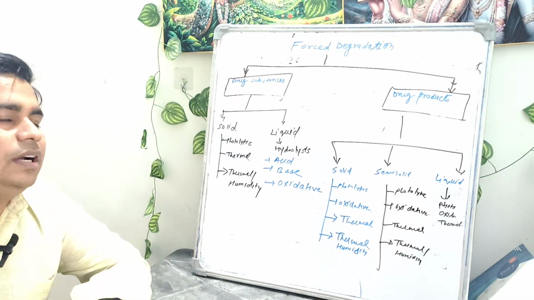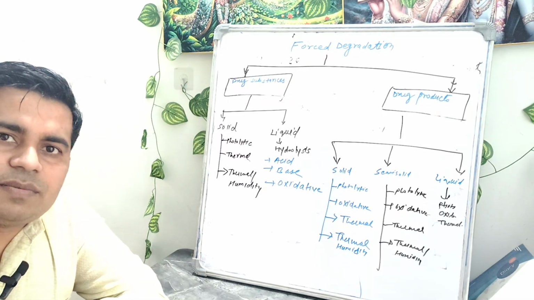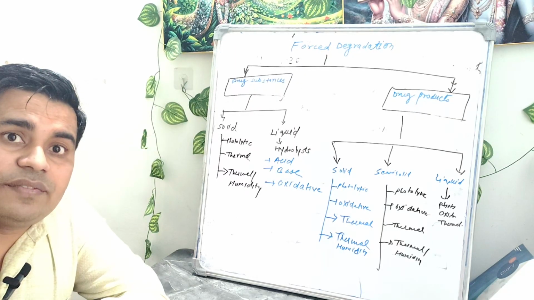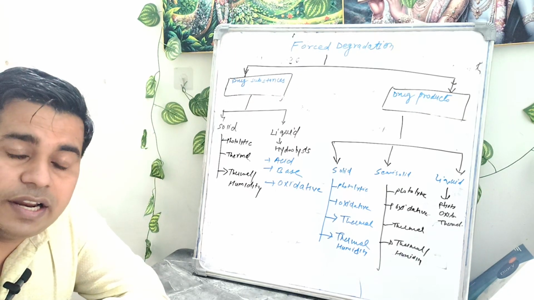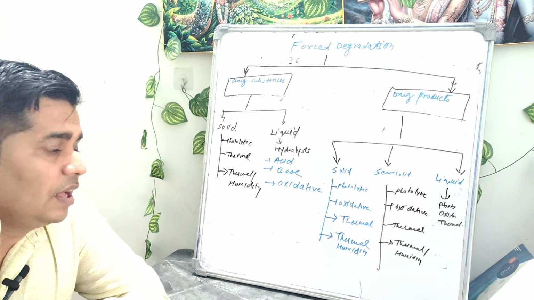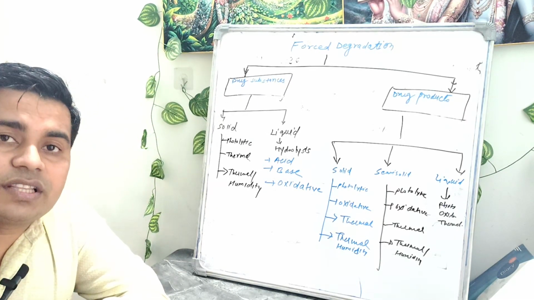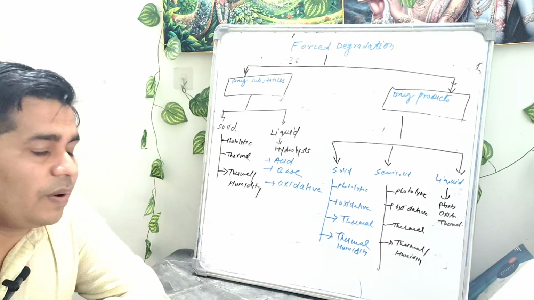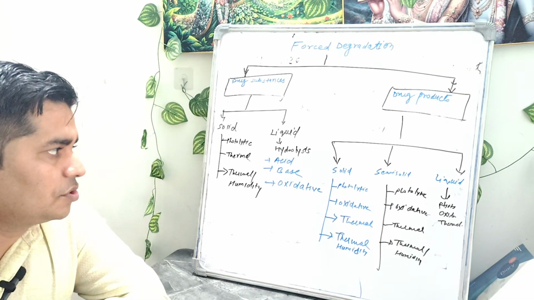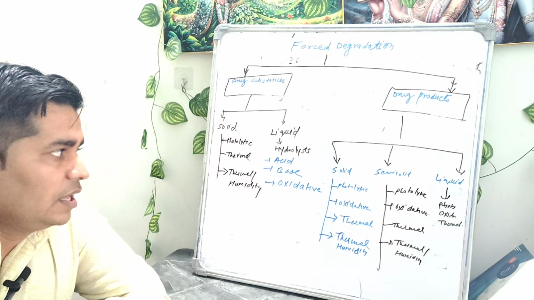So what is the significance of forced degradation? Forced degradation is the process where we apply certain environmental conditions, physical conditions, and certain chemicals to check the oxidation and provide higher temperature to access the degradation. So let's discuss one by one.